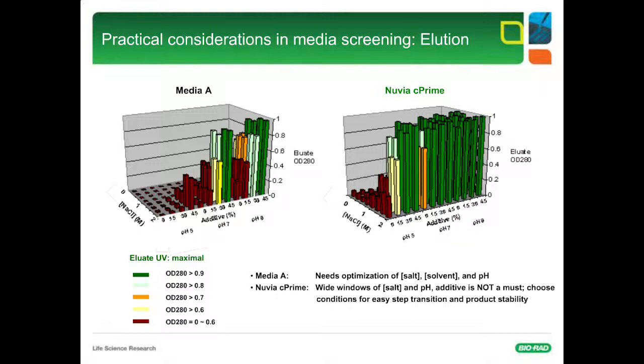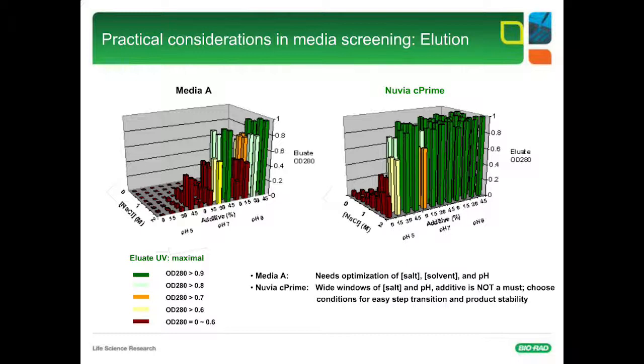On the other hand, elution from Nuvia C' is a lot easier. Depending on your next purification step, whether it's a hydrophobic interaction chromatography or an ion exchanger, you can choose to elute the target molecule at high salt concentration or low salt concentration.